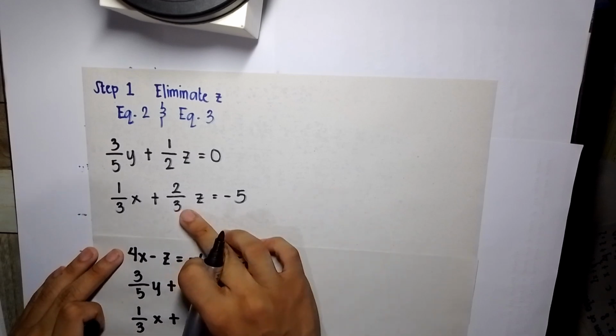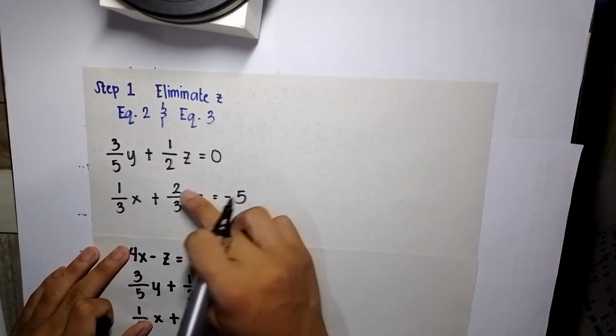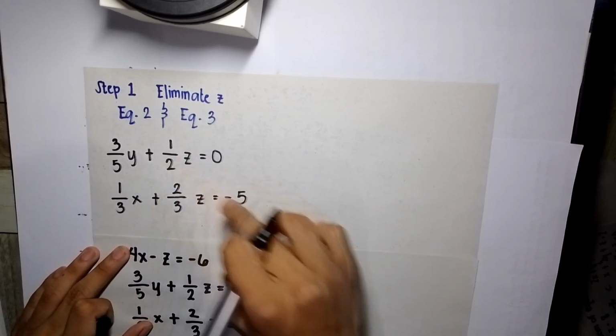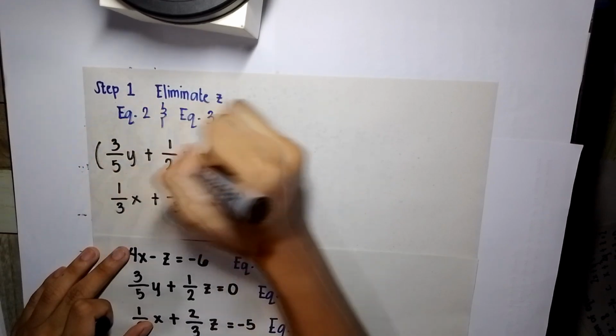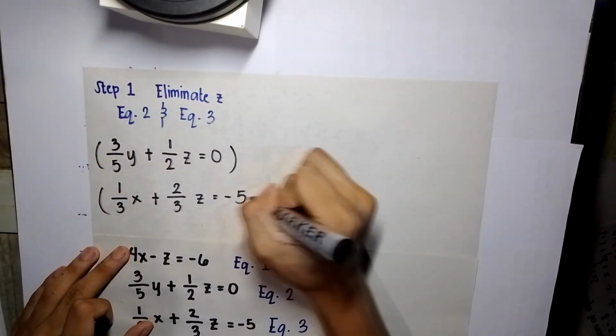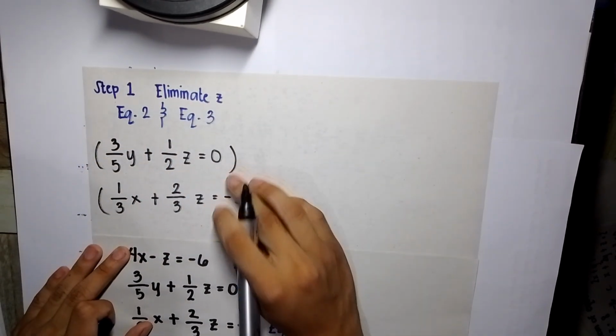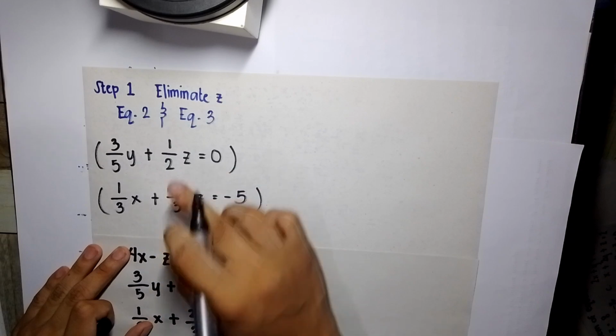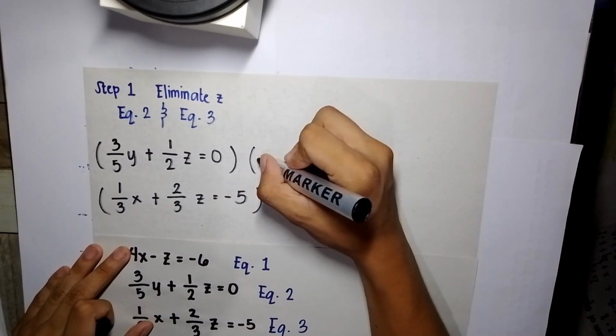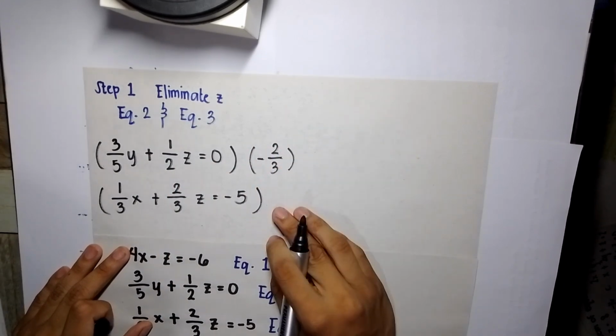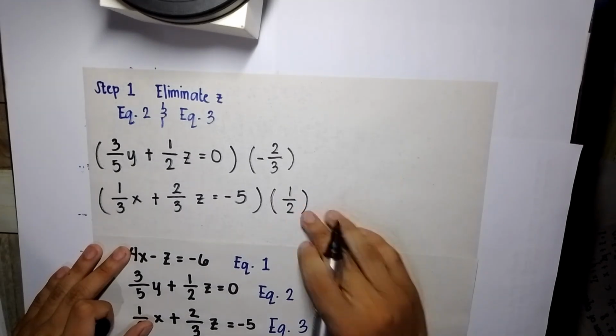Since we want to eliminate z, we are going to multiply equation 2 by 2/3 and multiply equation 3 by 1/2 in order for us to eliminate the variable z.